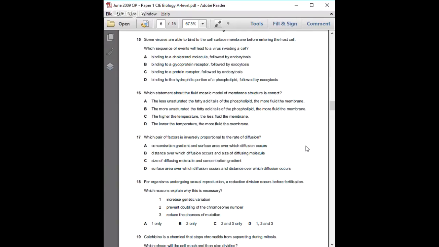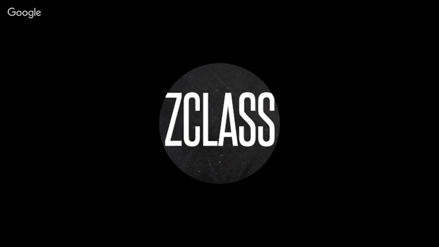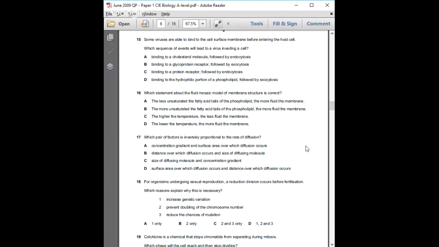Perfect. And in terms of the effects of temperature, what's the actual effect of changing the temperature on the fluidity? Cholesterol regulates the fluidity. When there's an increase of temperature, the cholesterol makes sure that it doesn't get too fluid, or when there's a decrease, it makes sure that it's fluid enough. Good. Next question.